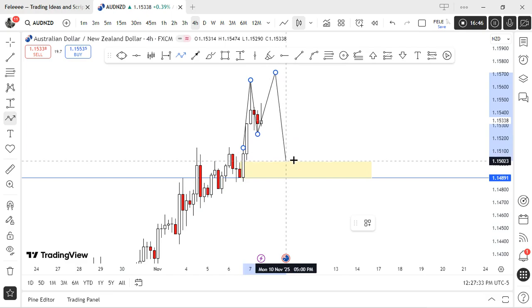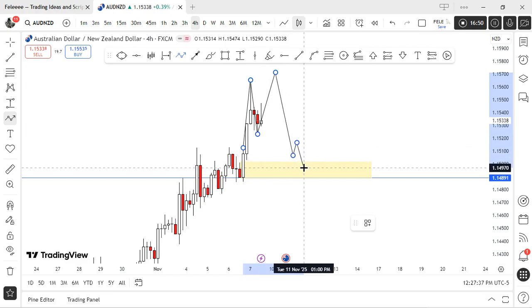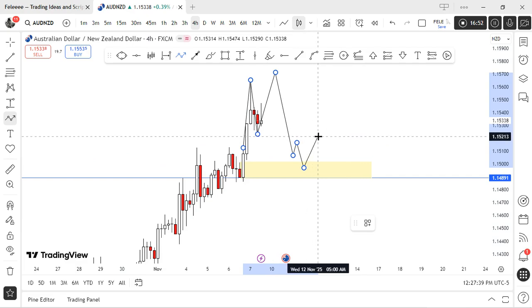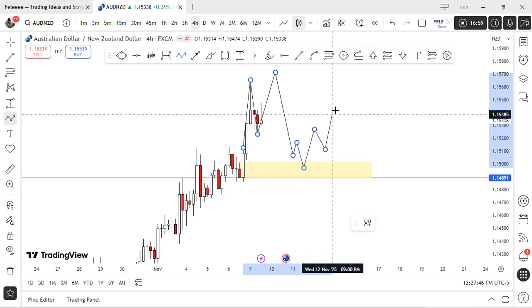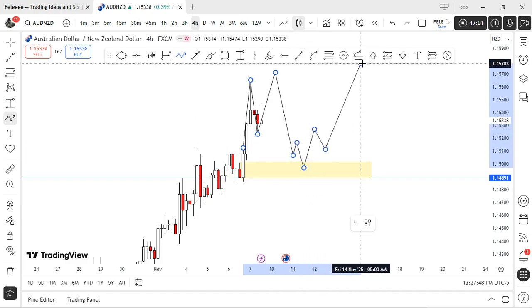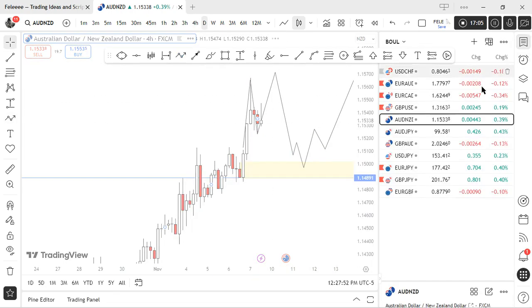I'm going to be watching what price does right after it taps these demands. If it breaks any lower time frame's market structure, I'm going to be looking for more bullish moves. So this is my view on this pair. Let's carry on.